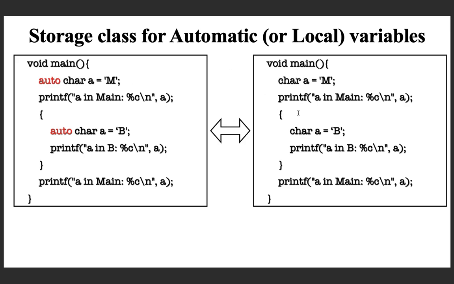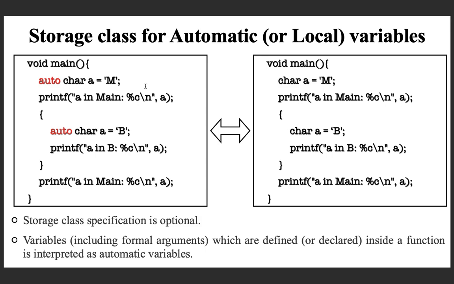So this is equivalent, without auto is equivalent. So whatever you have done till now, all the variables you created in your program, because all those are within functions, all those variables are automatic variables. So storage class specification is optional. If you want, you can specify explicitly, even otherwise you are implicitly specifying it as auto. So auto is a keyword.